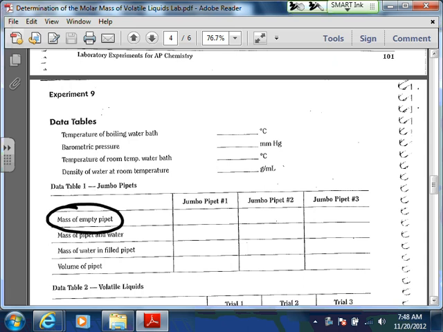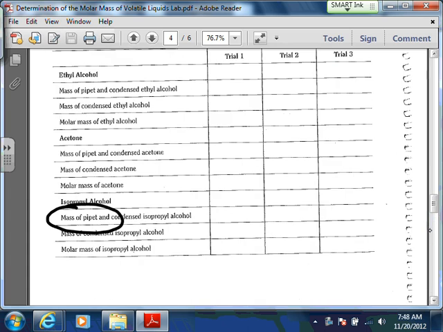And so for each of your volatile liquids, if you take the mass of the pipette plus the condensed isopropyl alcohol, for example, or the mass of the pipette and the condensed ethyl alcohol, just subtract the mass of the empty pipette from that, and that'll give you the mass there. Okay? And then you should be able to use that calculation we talked about on the pre-lab to figure out the molar mass of each of these things and see how close you got.